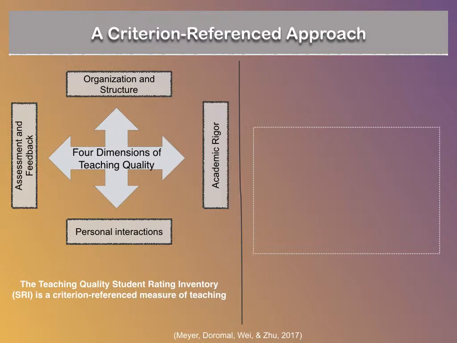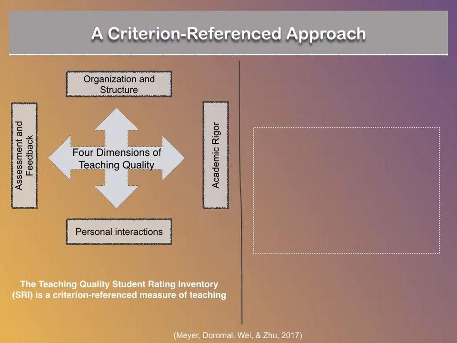So the next article we decided to analyze basically was the criterion-referenced approach to student ratings. So there's 4 dimensions of teaching quality. First is organization and structure.